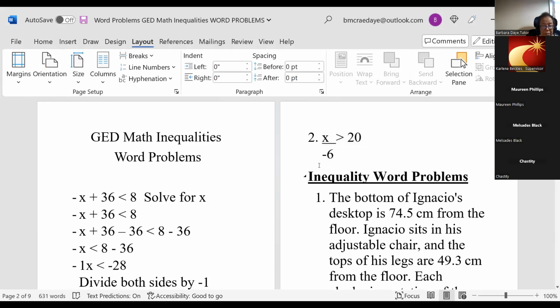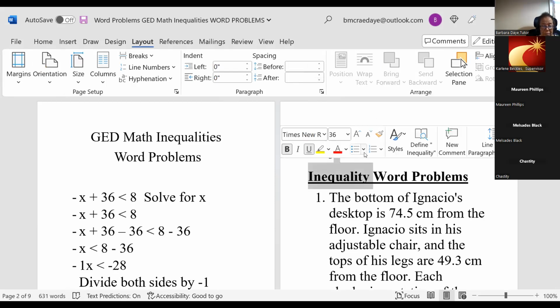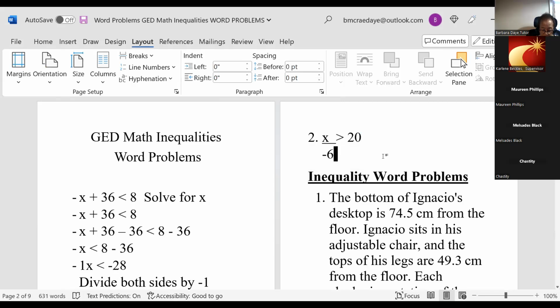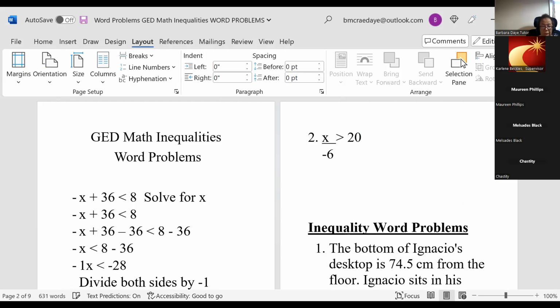Okay, I want you to solve that one: x over -6 greater than 20. Solve the inequality, solve for x. What is the inequality?